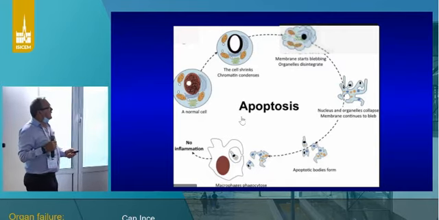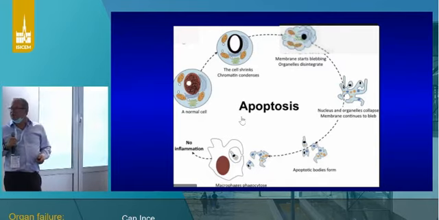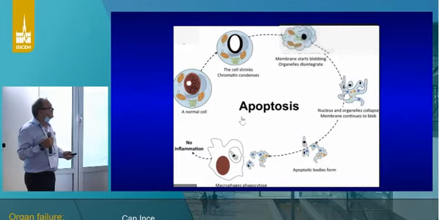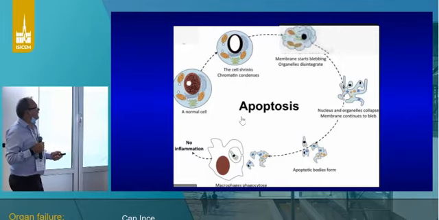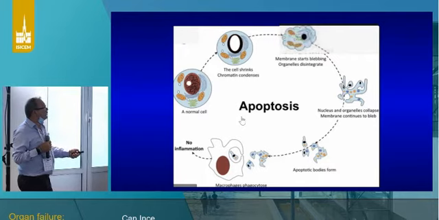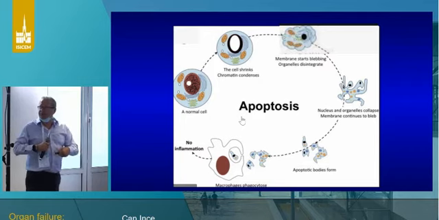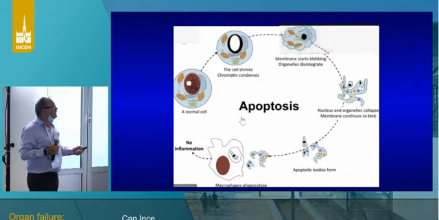So getting back to apoptosis, why is apoptosis not immunogenic? Because it's a very beautifully programmed cycle. Here we have a normal cell. First the cell shrinks and we get all of the chromatin condensing. The organelles start to disintegrate, and if you look under the microscope, you can see little blebs forming in the membranes.